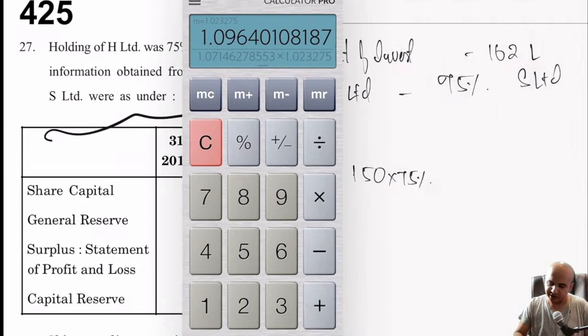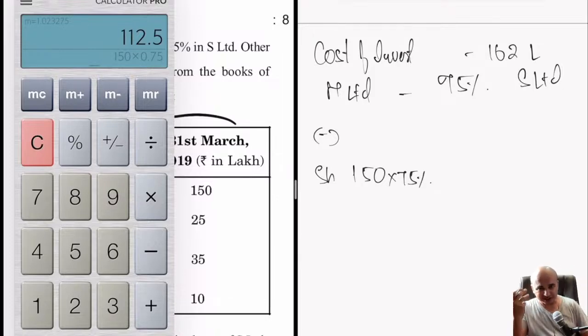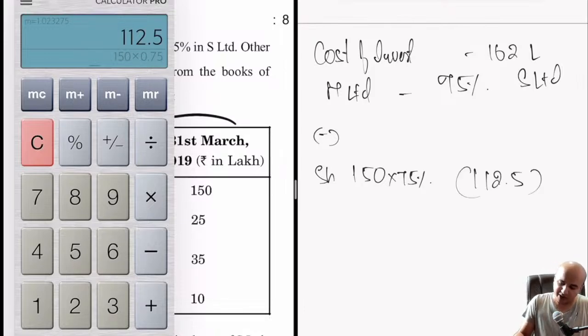Let me bring up the calculator here. 150 lakhs into 75% comes to 112.5 lakhs. So by investing 162 lakhs, the company by way of shares has acquired an interest of 112.5 lakhs in the other company, S Limited.